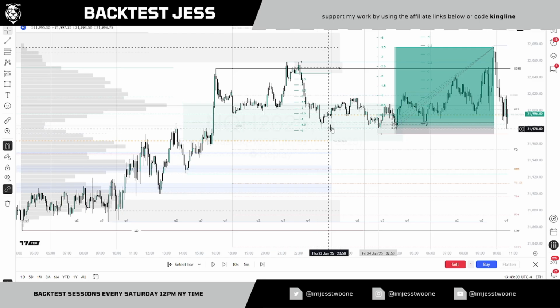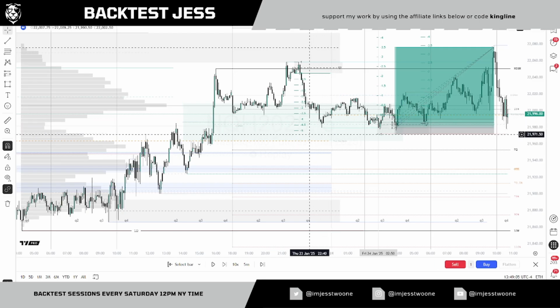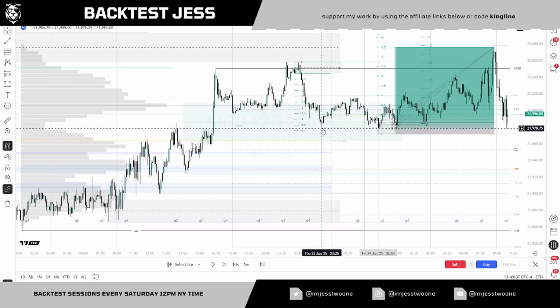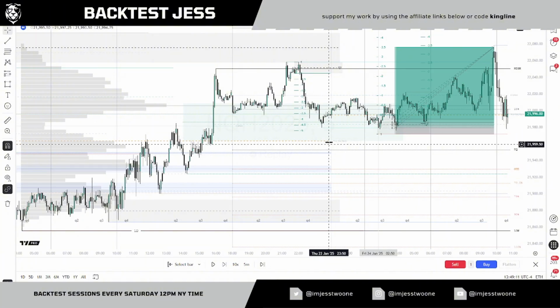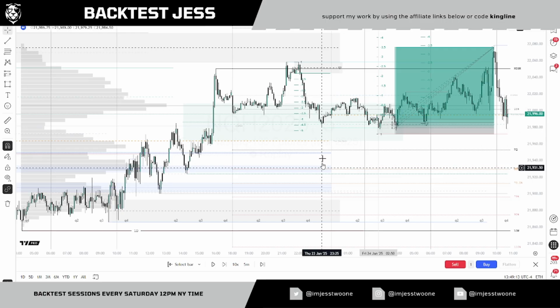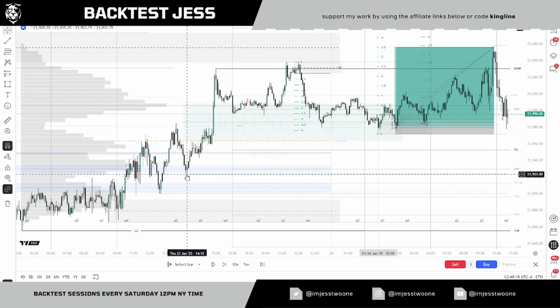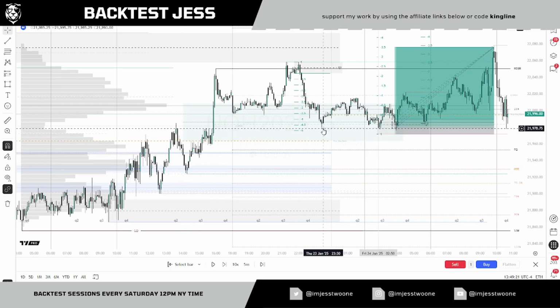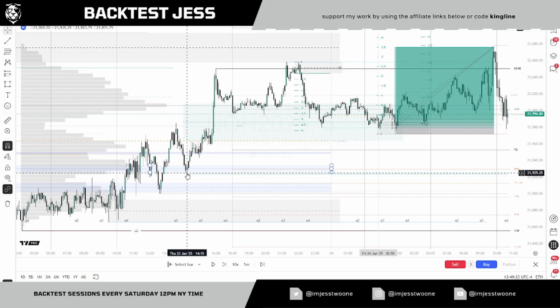If Asia low is an intermediate term low, place an entry at the intermediate term low and place a stop loss where I think the most probable low would be. So in this instance, for example, this would be my PM session low. So entry there, stop loss at PM session low.